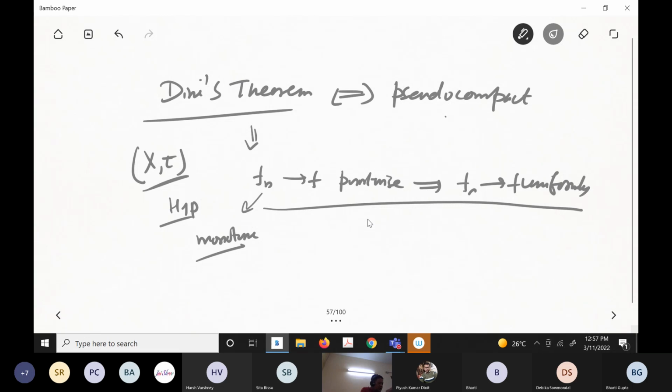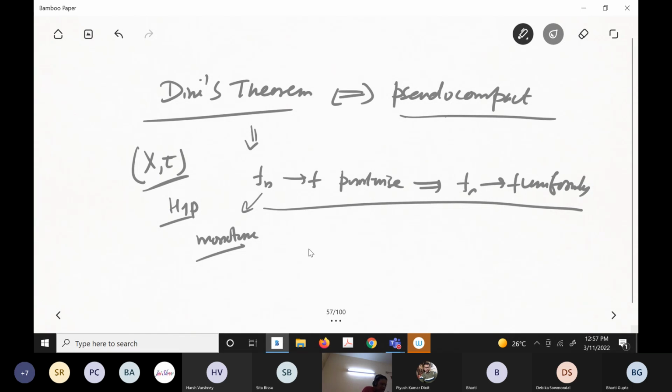Why I want to tell you that? Because I will teach you the Stone-Weierstrass approximation theorem. Stone-Weierstrass theorem actually characterizes compactness of a space. So that is the difference. Now, in the metric space, what will happen then?